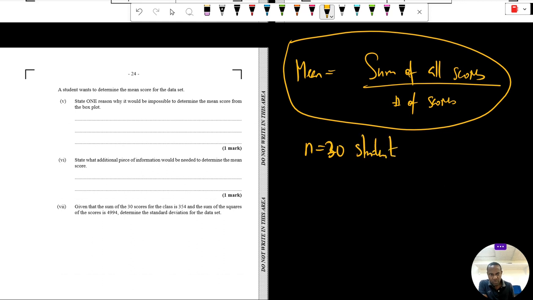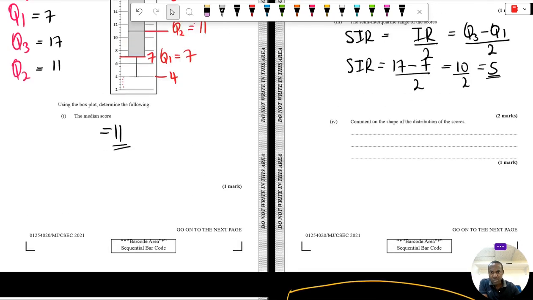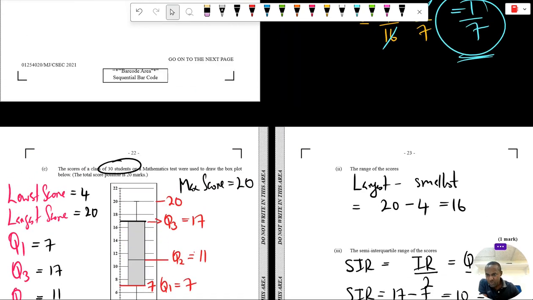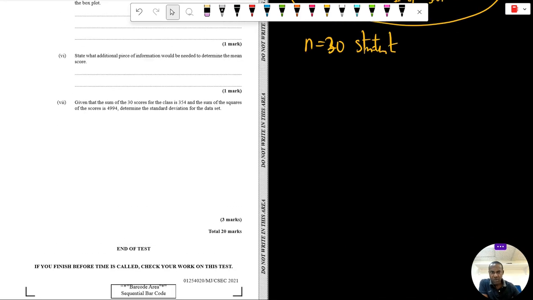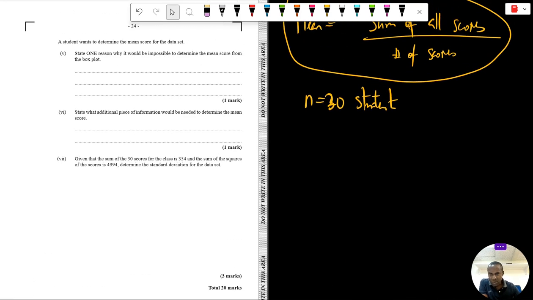There were 30 students in the class, just to verify. So 30 students did the maths test. Therefore, in order to determine the mean, we would need the sum of all scores.